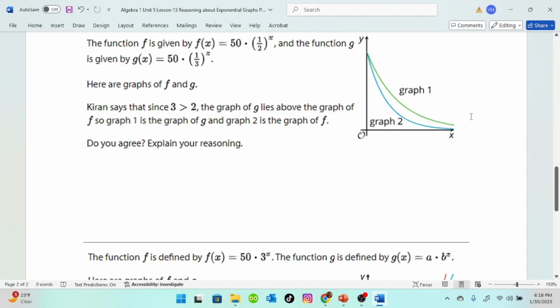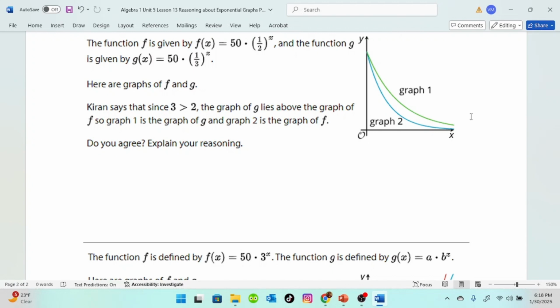Our next practice problem says the function f is given by f of x equals 50 times 1/2 to the power of x, and the function g is given by g of x equals 50 times 1/3 to the power of x.